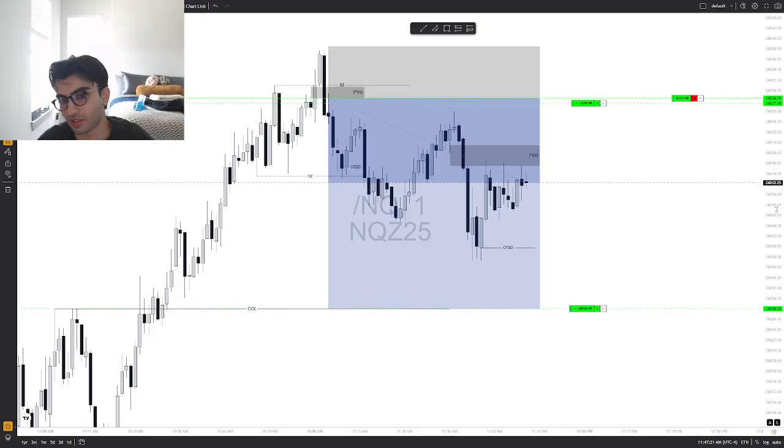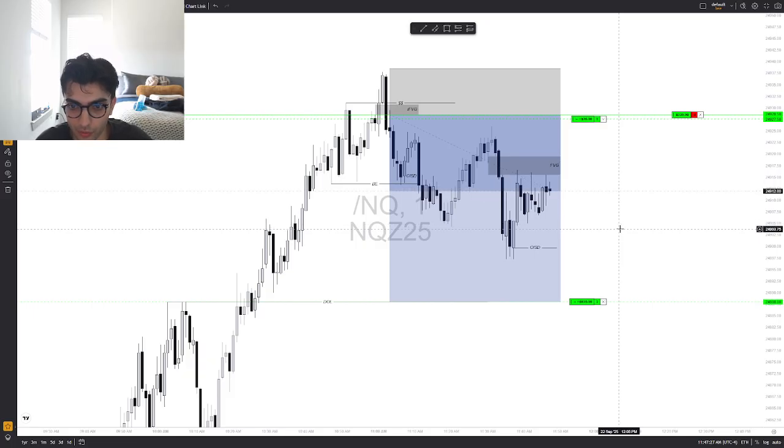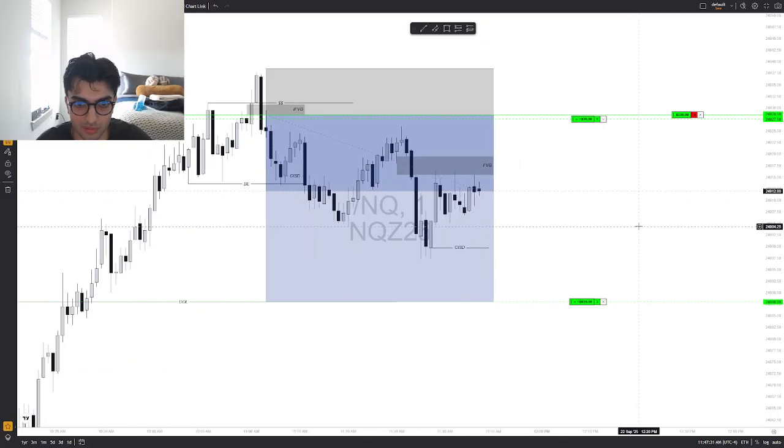Not gonna lie, this is looking a little bullish. Unless we get a dump here in the next minute or two, this is gonna go back up. Sellers.